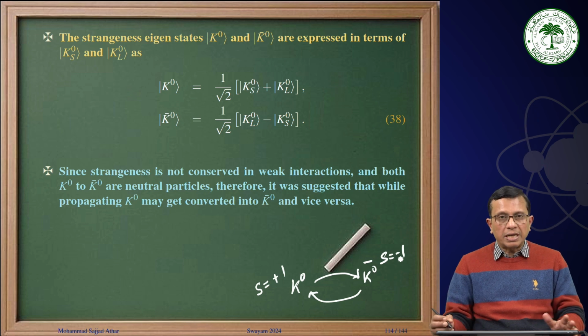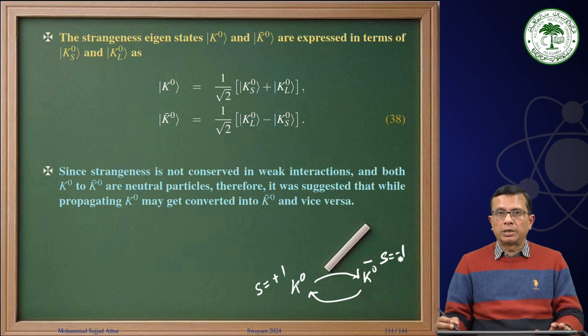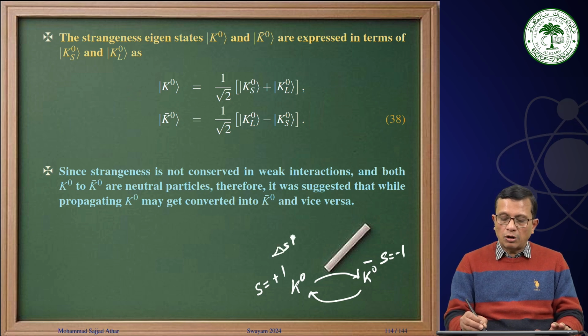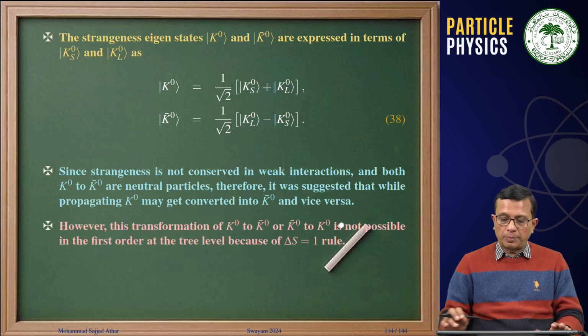But this cannot be a one-step process because the overall change in strangeness is 2 units. And that we are going to talk about.